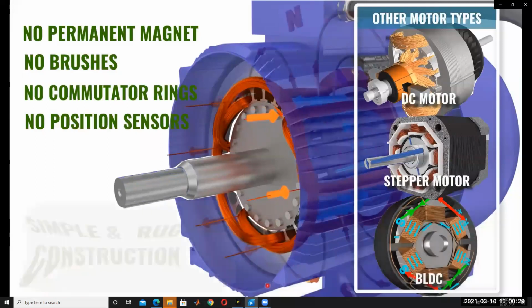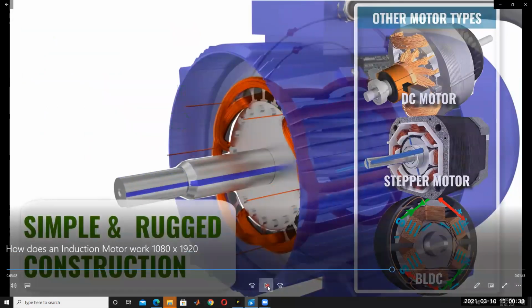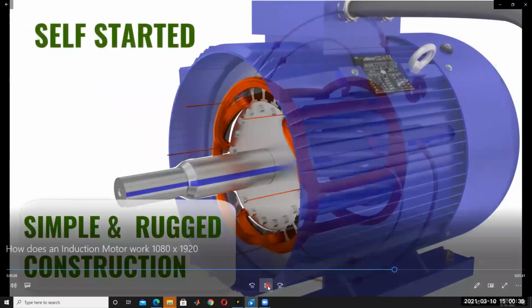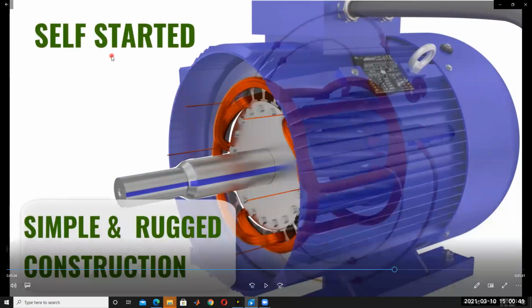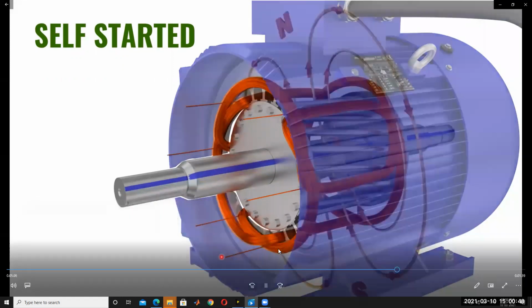It is simple and rugged in construction. Also, the three-phase induction motor is self-starting. The three-phase induction motor is called a self-started induction motor.